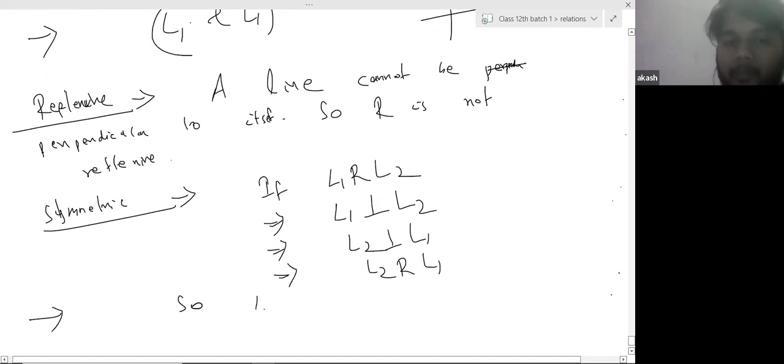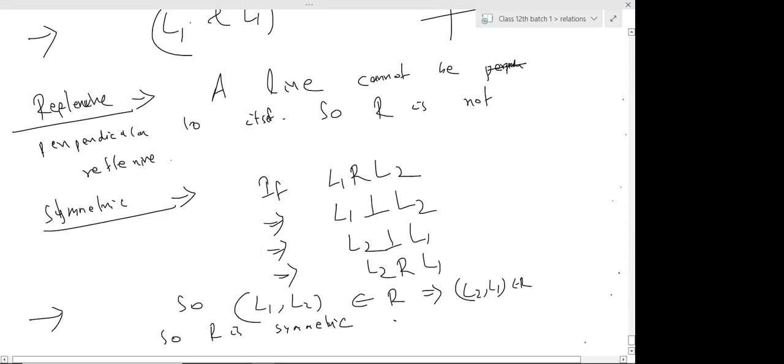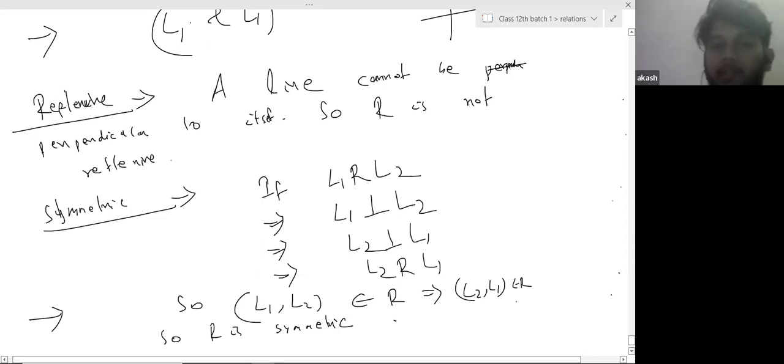So (L1, L2) belongs to R implies that (L2, L1) belongs to R. So R is symmetric. This is clear, everyone? Yes, sir. All right. Note it down. Then I'll write what to write in transitive.